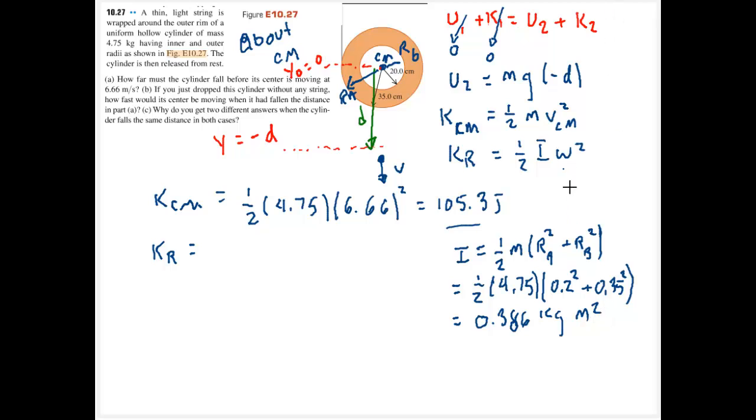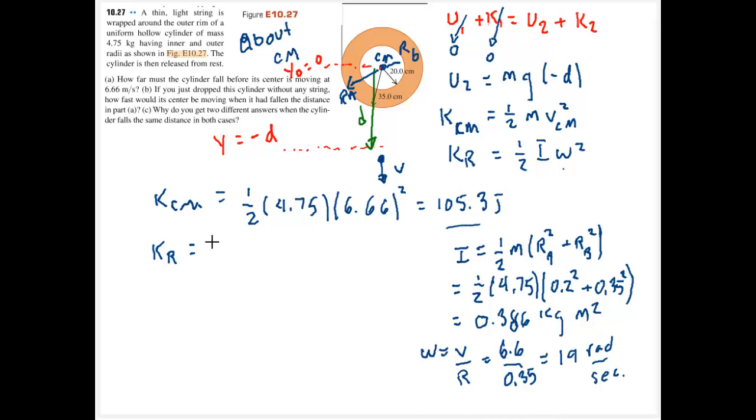I also need to know the angular velocity, but fortunately the angular velocity is simply the velocity divided by the radius, or 6.6 divided by the outer radius, 0.35. We're using the outer radius because that's the one that the string is attached to, and we're going to come up with 19 radians per second.